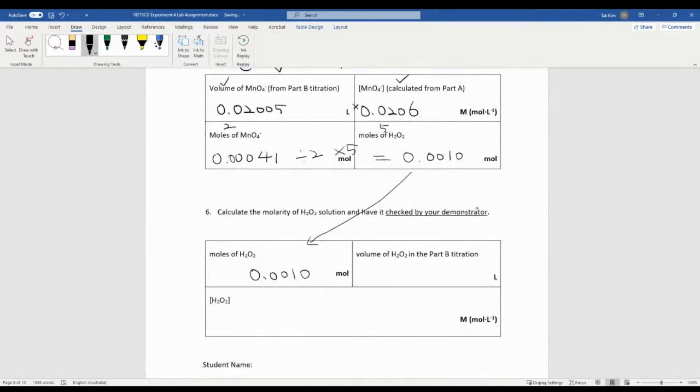So it still needs to be in liters, so it should be 0.02 liter. And then molarity. So to find the molarity, molarity is number of moles over volume. So the number of moles is over here.